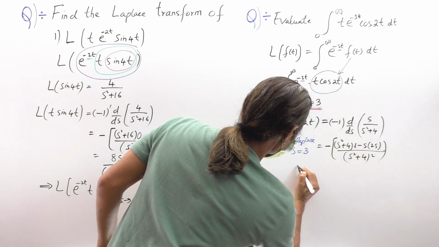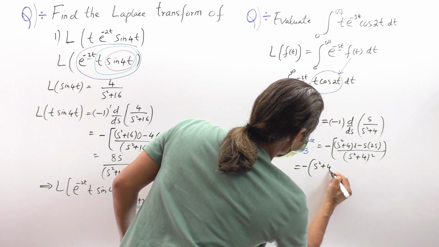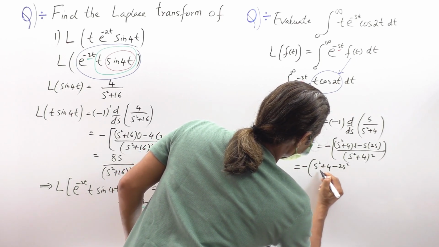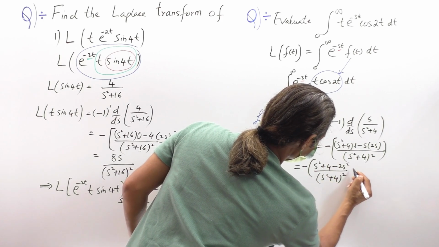That's it. So this will be minus, s square plus 4 minus 2s square, the whole divided by s square plus 4 the whole square.